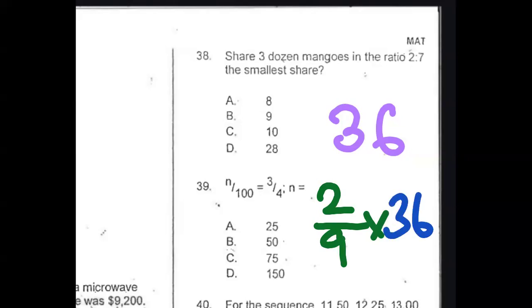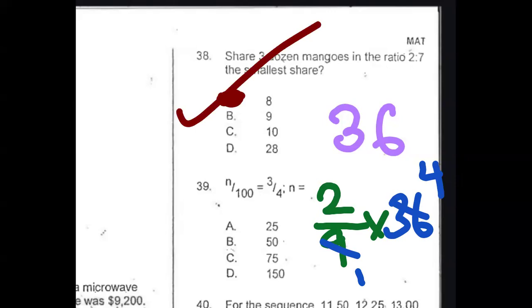So what you'll have to do is say 2 over 9 times 36. So 72 divided by 9 is 8. Or divide this by 9, you get 1, divide this by 9, you get 4, 2 times 4. You're still going to get the number 8. So that's it, 38, simple.